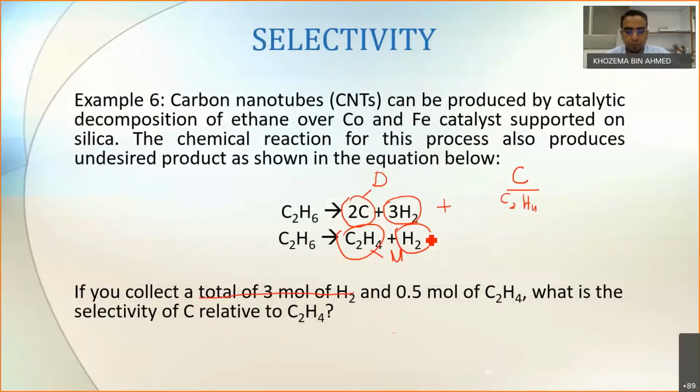Let's name these reaction A and reaction B. So hydrogen from reaction A plus hydrogen from reaction B is equal to 3 mole. That is the meaning of 3 mole of hydrogen. And then you have 0.5 mole of ethylene produced.